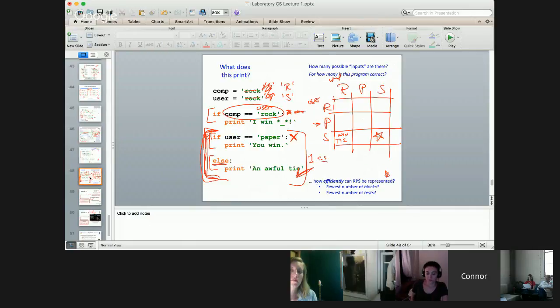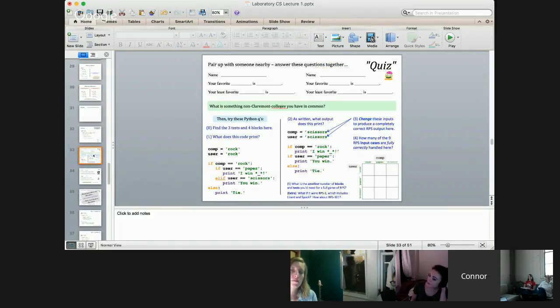Would it be 3 tests? So, why do you think that? Let's look at this one together. Well, in the right side example, or second example, as long as comp and the user equal scissors, you'll at least tie until the game's done.